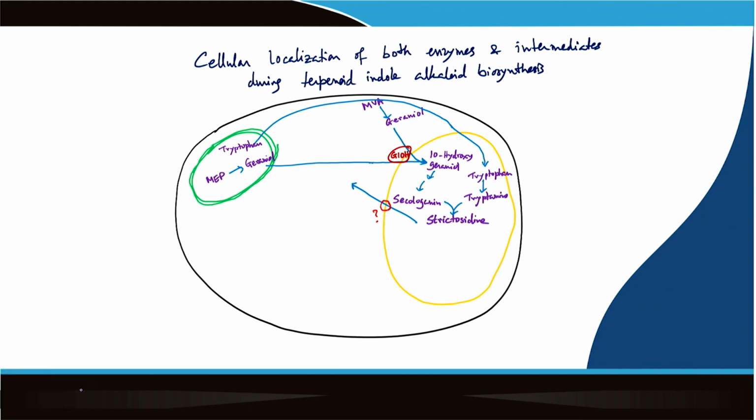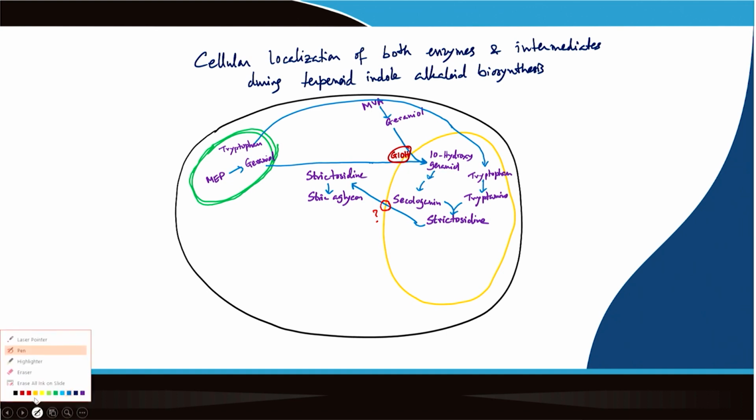So, this strictosidine will be now out, and it will be subsequently converted into strictosidine aglycone by the action of SGD.